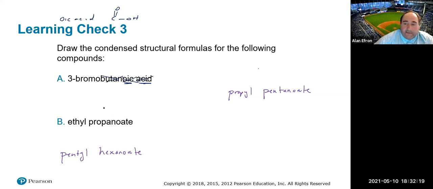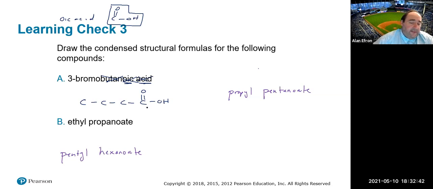Butane is 4 carbons, which is where I would want to start. That's 4 carbons. You can put that whichever way you want, on the left-hand side or the right-hand side. I'm going to put it on the right-hand side, though you could absolutely put it on the other side.